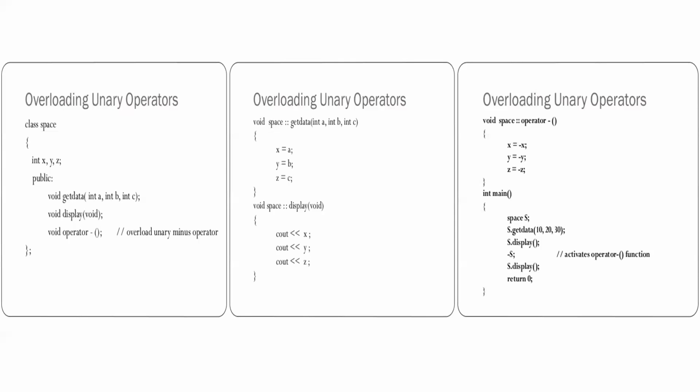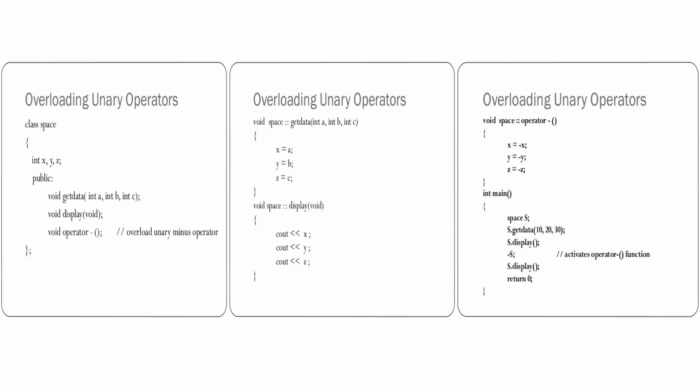This is the definition of our function. That means if I call the function minus, it is going to do these three things. By one call of minus, I'll be able to negate three values at a time.